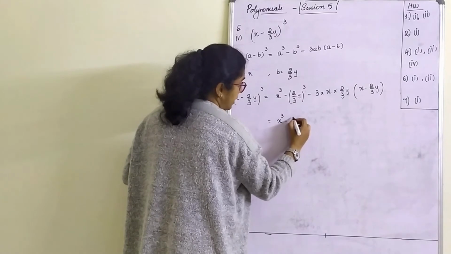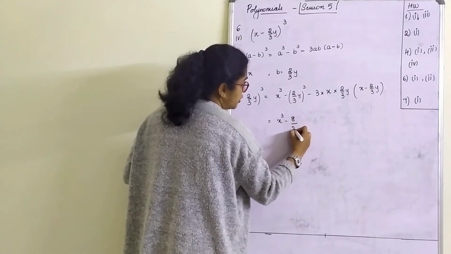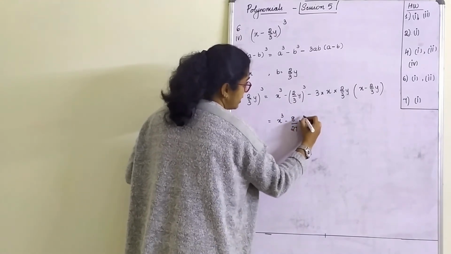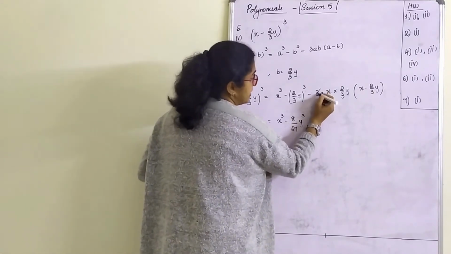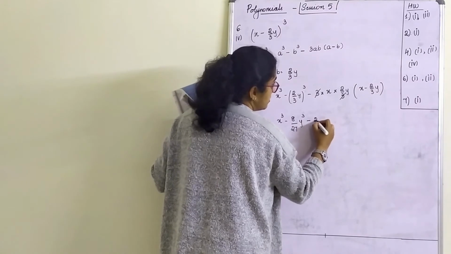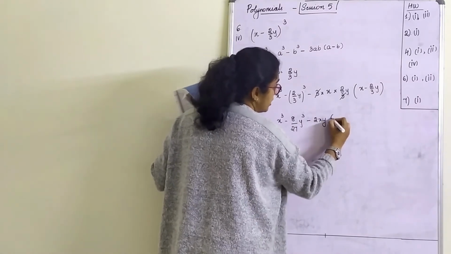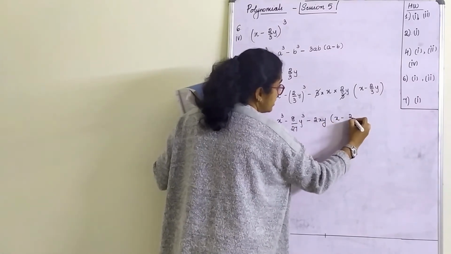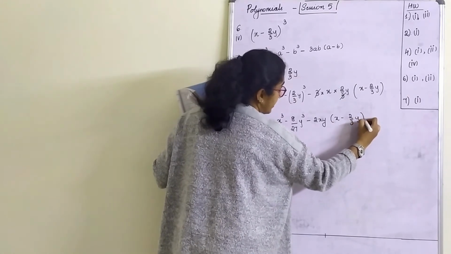x cube minus 2 cube, 8; 3 cube, 27; 8 by 27 y cube. Can I cancel this 3 and 3? Yes. So this is minus 2xy of x minus 2 by 3y.